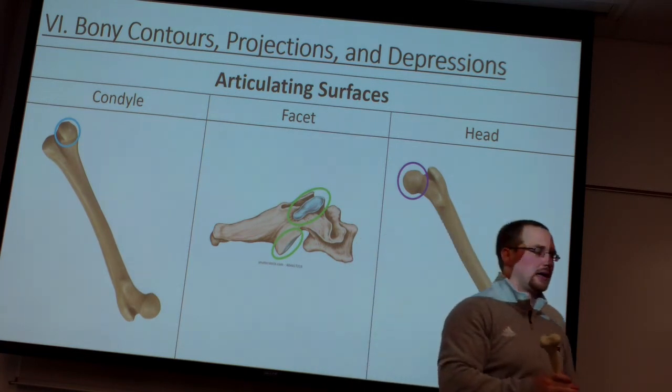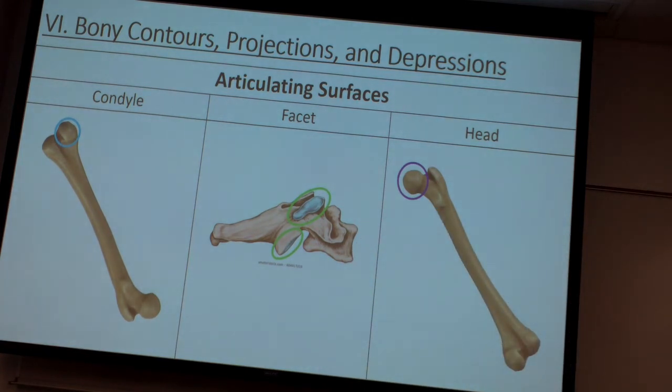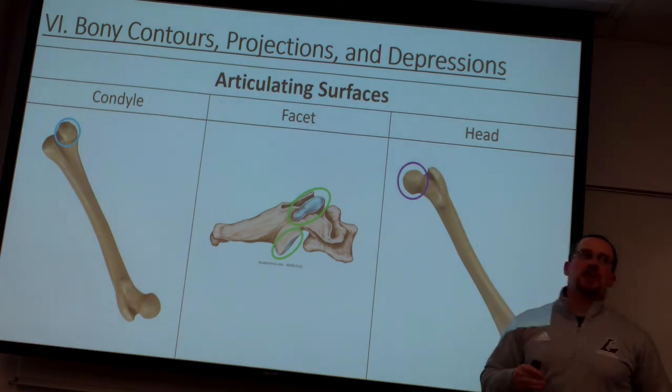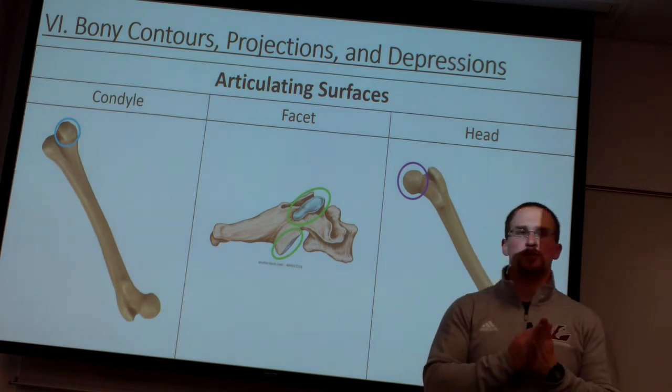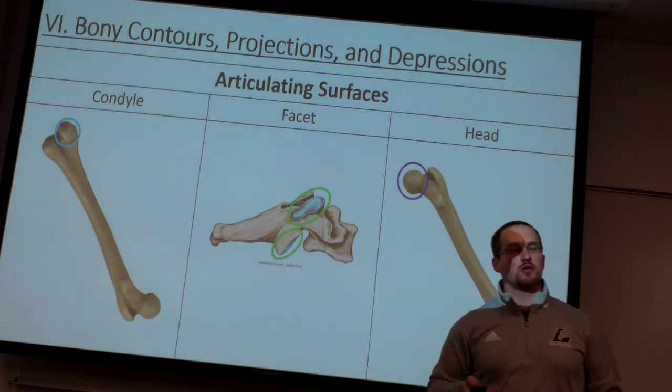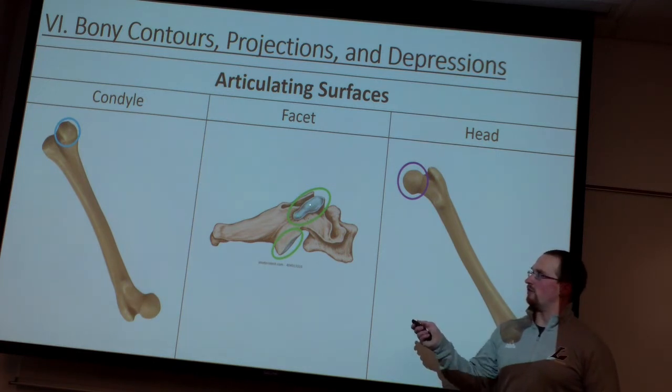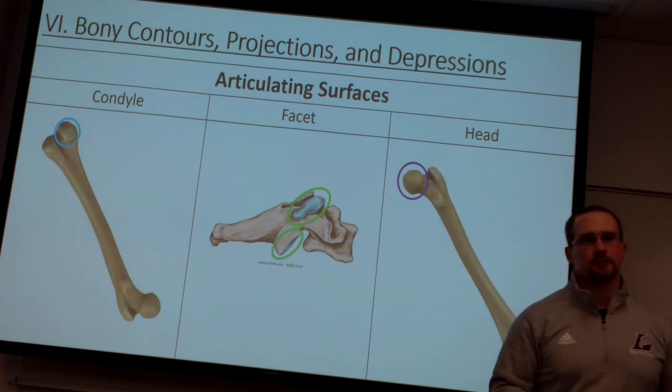So that's a condyle. A facet is a flat surface where two bones meet. Oftentimes you'll see those on vertebrae. Notice how flat these are. Essentially, these are one place where the vertebrae articulate with each other.